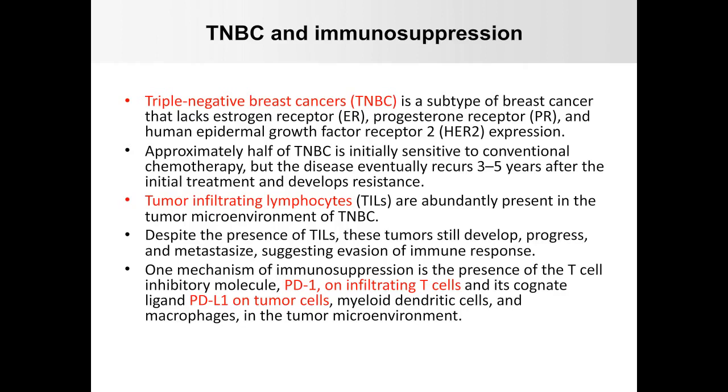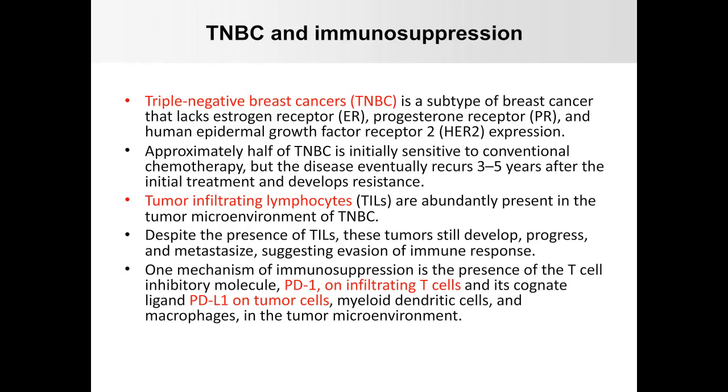To our interest, we found that among all breast cancer subtypes, triple negative breast cancer has the most abundant tumor-infiltrating lymphocytes. These lymphocytes present in the tumor are supposed to help us fight against cancer growth.